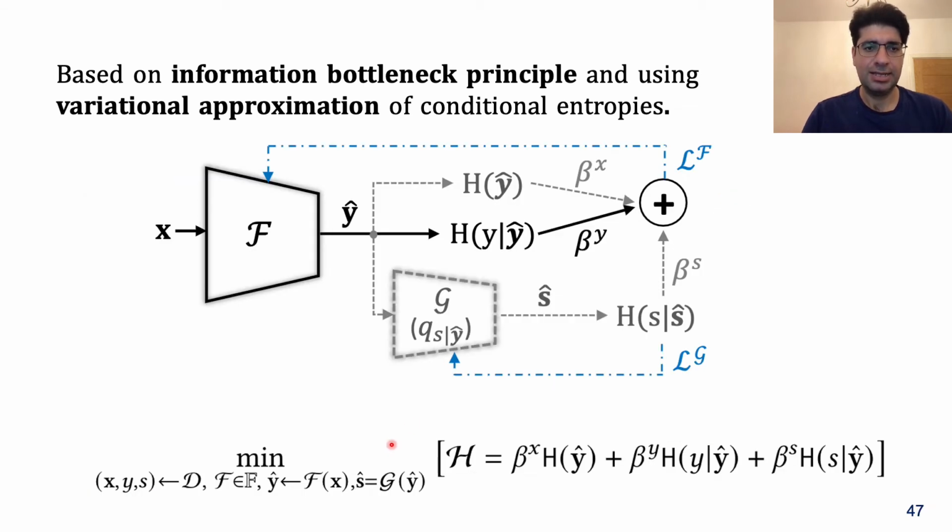So at the end, the loss function for training the main classifier is defined as this formula that we have here. It's time to see more experimental results.